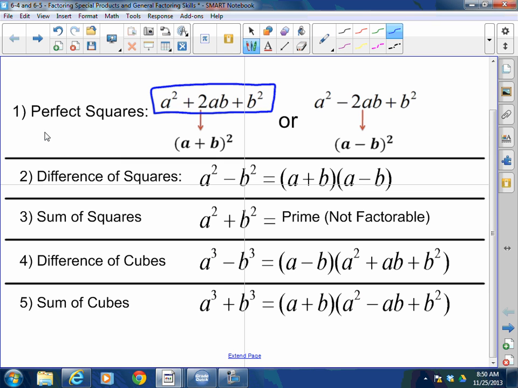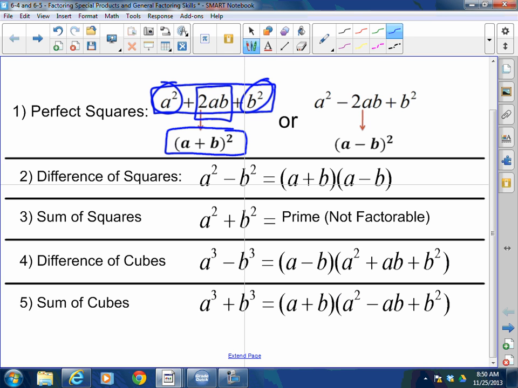When you are given a trinomial where the first term is a perfect square, the second term is a perfect square, and the middle term is 2 times the square root of the first times the square root of the second, you have what's called a perfect square, and it factors into (a + b) squared.